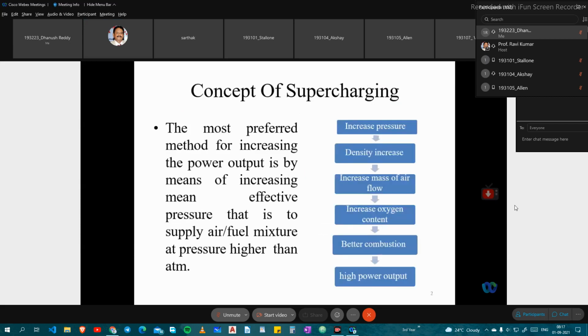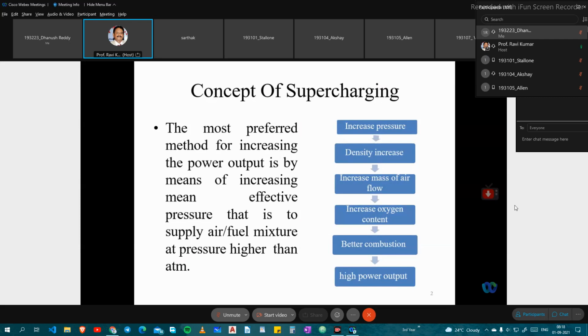And we have seen the figure. An additional component is arranged at the inlet manifold. Here, the inlet manifold, whatever mixture or homogeneous air or mixture will be entering the inlet chamber, before that we supercharge it by using an additional blower, an additional component. With that additional arrangement, the pressure and temperature will increase.